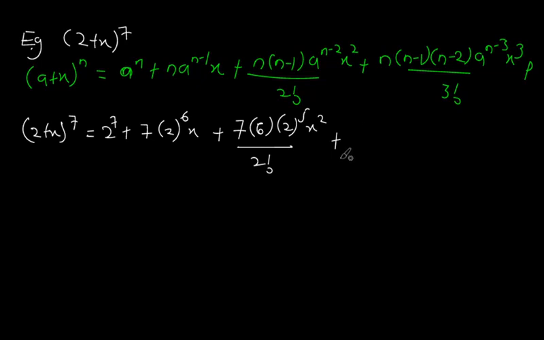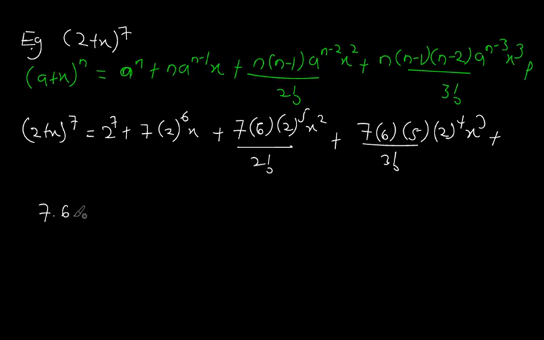Then plus 7, 6, 5, then we have the 2 raised to the power 4, the x power will increase by 3, we divide by 3 factorial, then plus, we go on, so we have 7.6.5.4, the dots represent multiplication. Let me just write it down to avoid confusion.